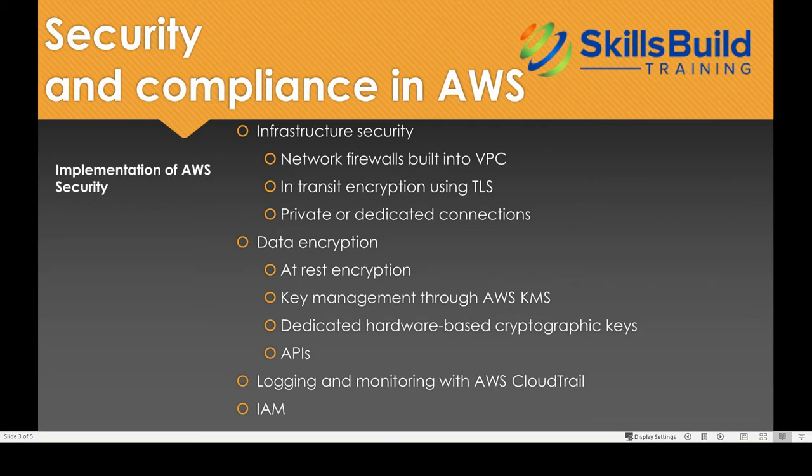Of course, AWS has a built-in identity and access control solution called AWS Identity and Access Management, or IAM, that lets you define individual user accounts with permissions across AWS resources. AWS multi-factor authentication for privileged accounts, and many, many more.